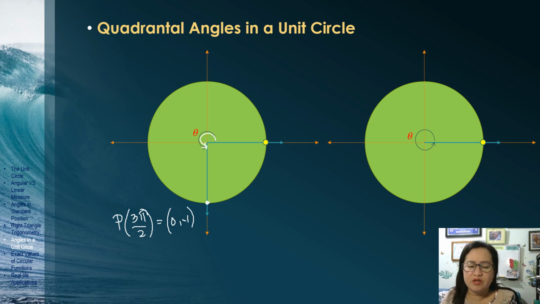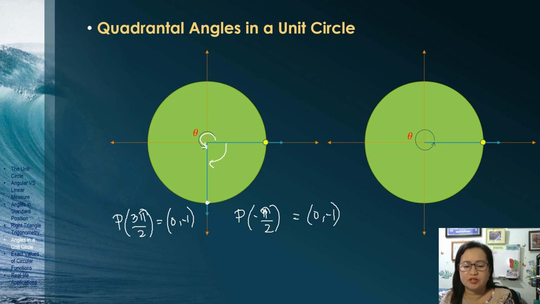Now, if we rotate in a clockwise direction, then we will have P of negative pi over 2. The corresponding trigonometric point will have coordinates (0, -1). Okay.